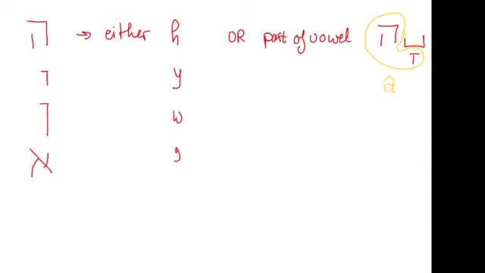So when you have a Hebrew text, you must know if this H is either a normal H that is pronounced, or if the H is part of the letter A.